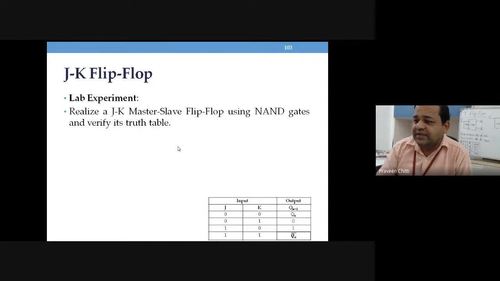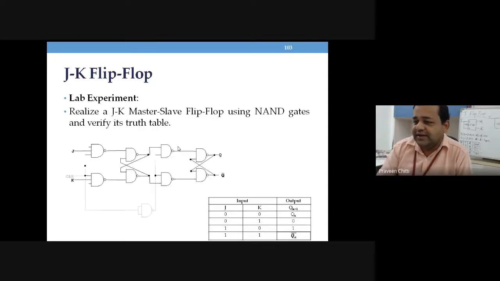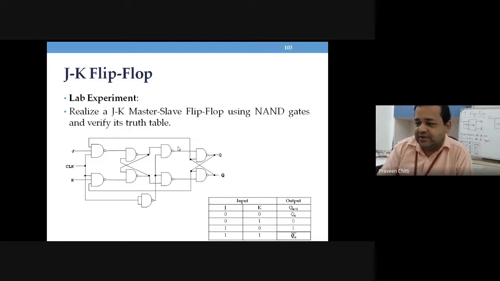And this is the lab experiment which you need to do in your laboratory. The same diagram is drawn, and you have to verify the truth table by realizing the master slave JK flip-flop using NAND gates.